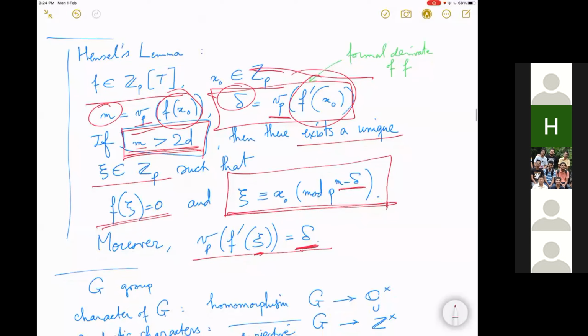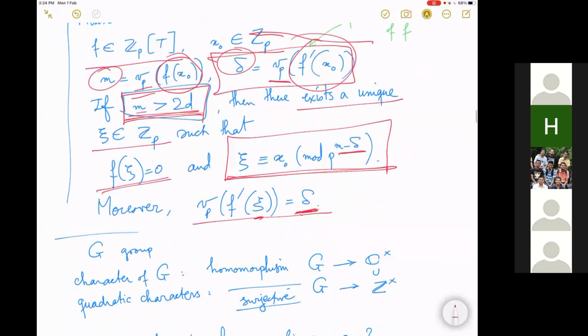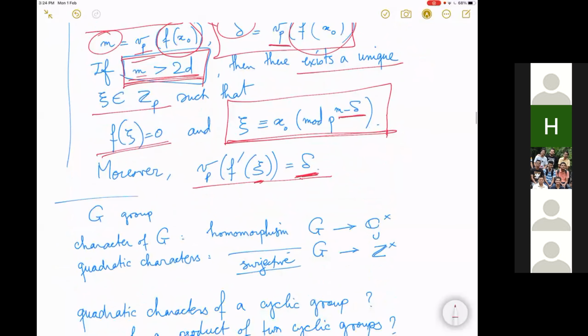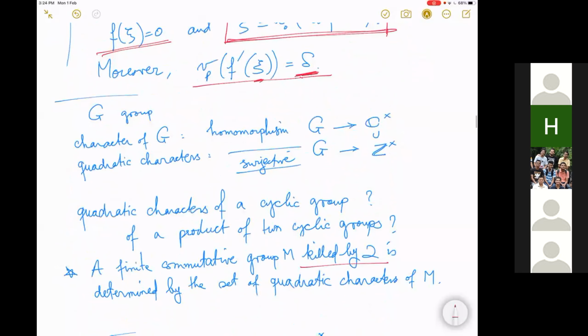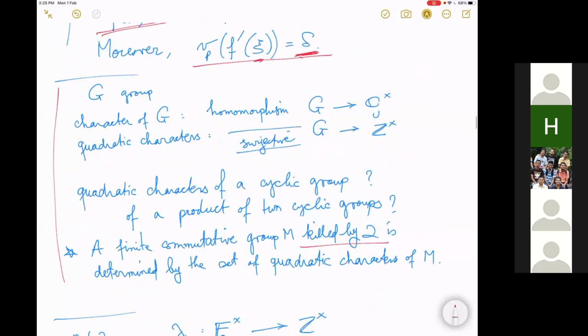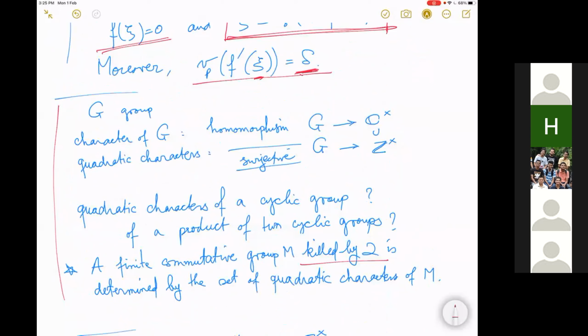Okay, so here is a brief excursion into pure group theory, right? So this doesn't have any arithmetic. It's just a general thing. So you take a group G, and I'm just introducing some terminology. You'll learn it.